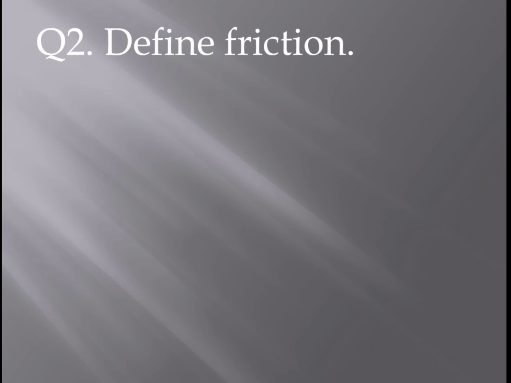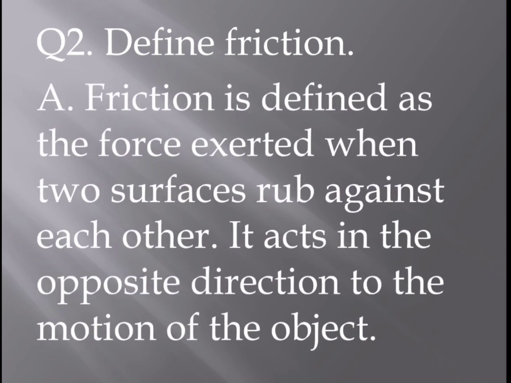Coming to your next question, define friction. See, this definition is very, very important, children, as we have learned the definition of force, motion and work, isn't it? In the same way, friction definition is also very important. So please write it in your classwork and learn it. Okay, friction is defined as the force exerted when two surfaces rub against each other.